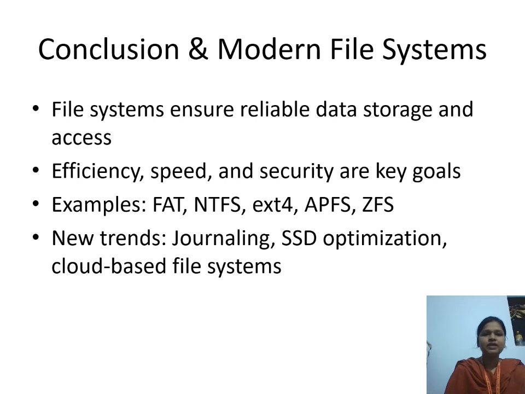Finally, in conclusion, file systems ensure reliable data storage and access. In files, we need to read or write accurate data in the file systems. Efficiency, speed, and security are key goals.